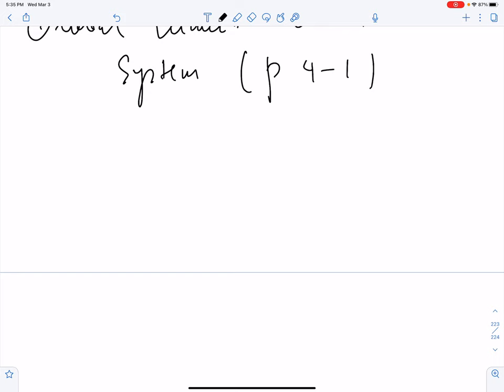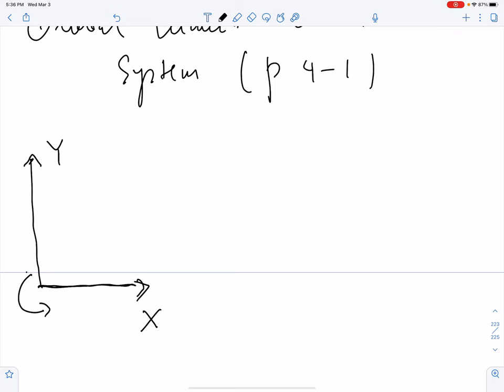Now, as before, we have a fixed coordinate system, xy. But besides xy, we're going to introduce a third axis. We're going to use the right-hand rule, where we line up the palm with the x-axis, curl the palm into y, and the thumb gives us the direction of z. So it's denoted this way. So z in that case goes out of the page.